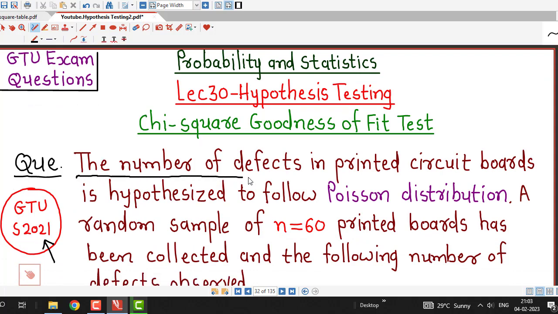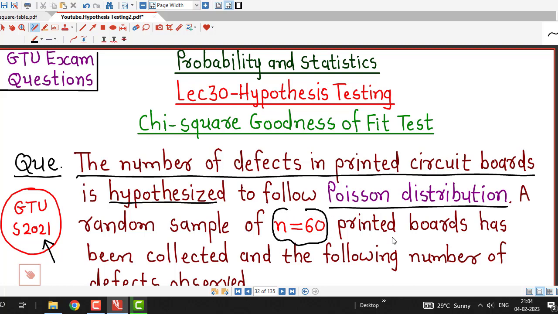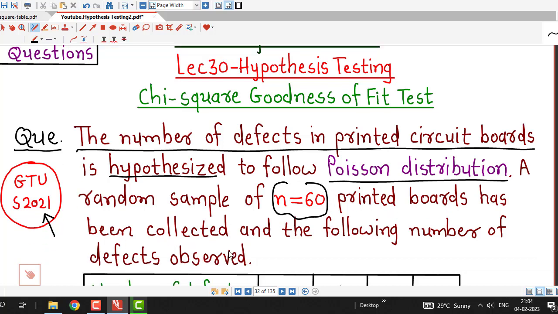The number of defects in printed circuit boards is hypothesized to follow Poisson distribution. A random sample of 60 printed boards has been collected and the following number of defects observed.